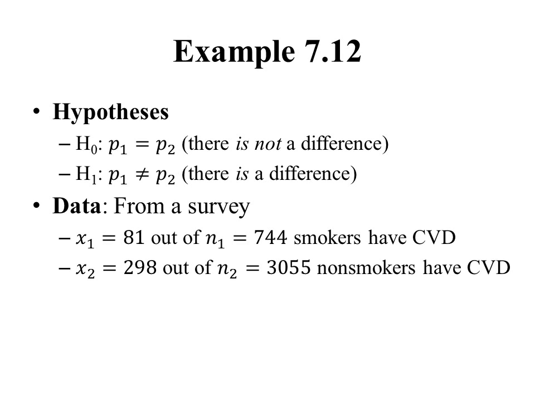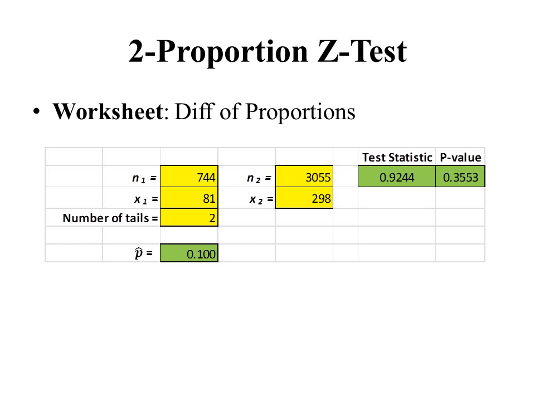So we go out and we survey 744 smokers and 3,055 non-smokers. We find that 81 of those smokers have cardiovascular disease and 298 of the non-smokers have cardiovascular disease. Just looking at this data, it's hard to tell if the data appear to support the claim or not. But let's just jump into our test here.